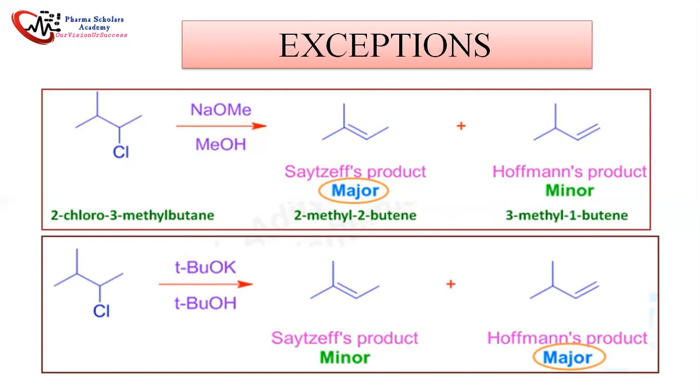When we react with the more substituted reagent, there is a formation of the Saytzeff product, the more substituted alkene, but as the minor product. The Hofmann product, the less substituted alkene, is the major product.